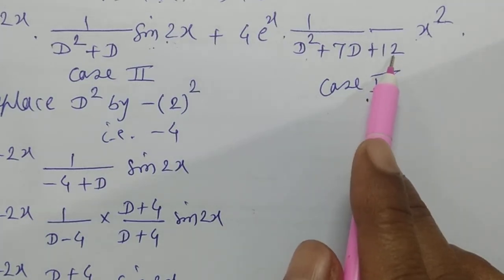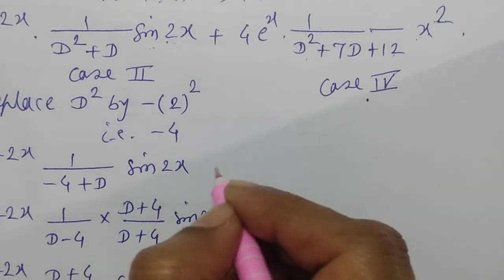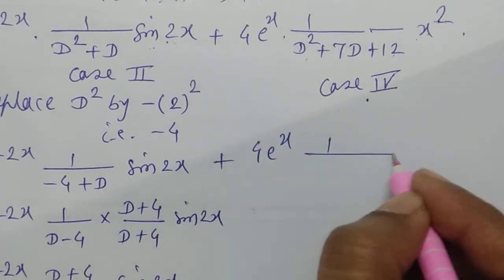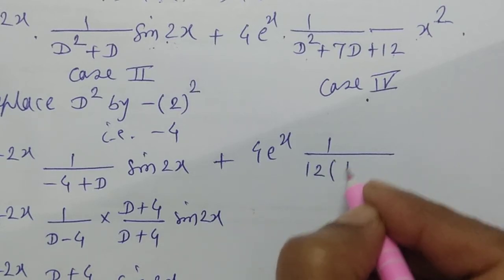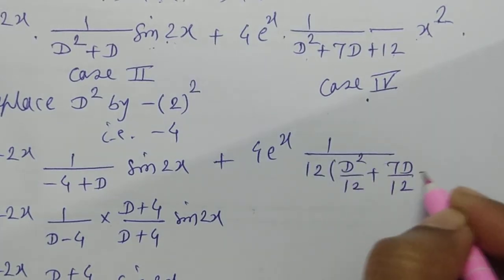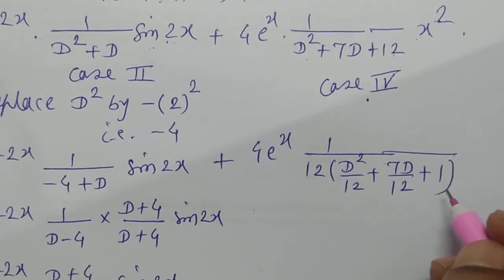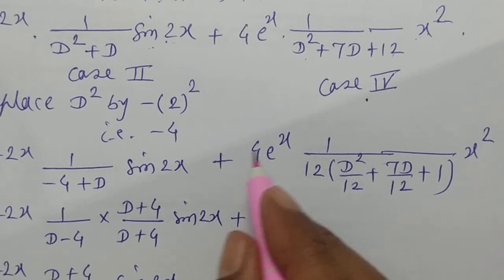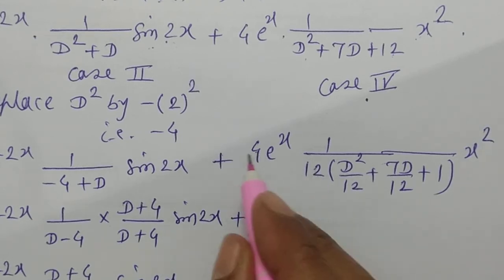Method of case 4 is taking the lowest degree term common. So here we'll take this 4 e raised to x as it is. We'll take this 12 common. So we have D square by 12 plus 7D by 12 plus 12 by 12, that is 1, and x square as it is. Okay. So now it is this 4 by 12, that means 1 by 3.